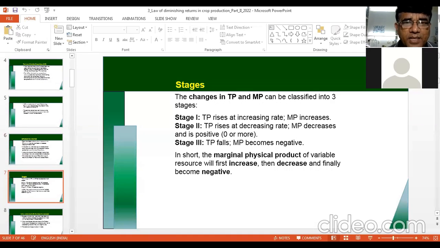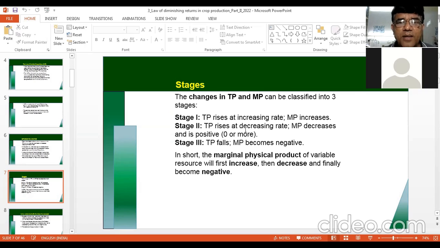Now there are three stages. The changes in TP and MP can be classified into three stages. Stage 1, TP rises at an increasing rate. So here MP increases. I will show you with the help of an example. Stage 2, total product rises at a decreasing rate.